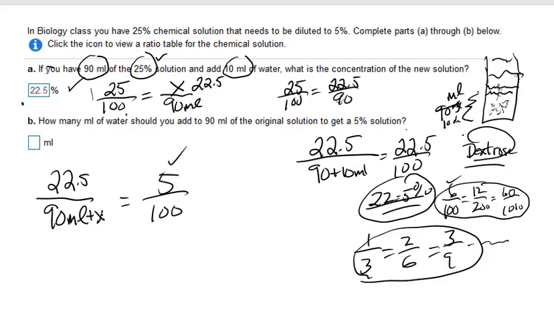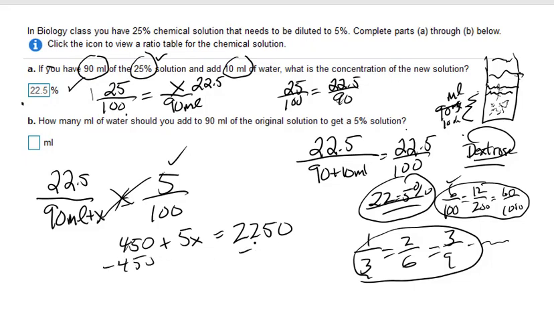And how do you solve this? Well, you cross multiply. So I get 22.5 times 100 is 2250. 5 times 90 is 450, plus 5 times x is 5 times x. So now I'm going to subtract 450 from both sides. And I get 5x equals, I think that's 1800.